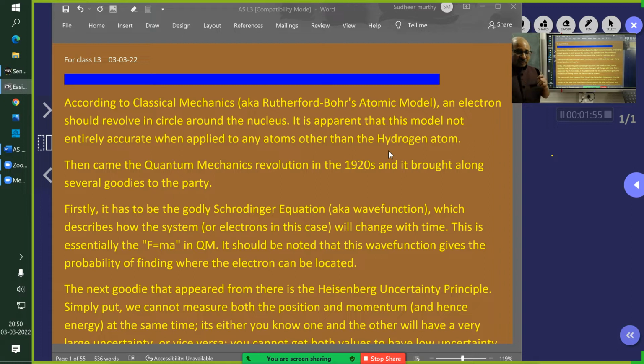So see, that's what I am showing you, the chronology, the dates, right? So 1809 Dalton model, then you had the next Bohr model in which year? 1897 electron was discovered, right?